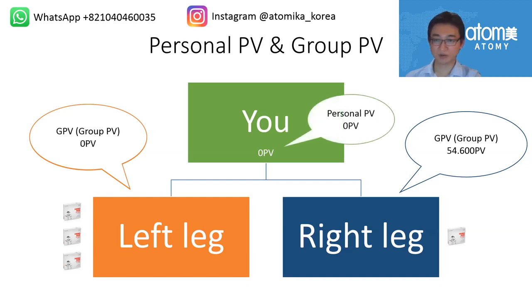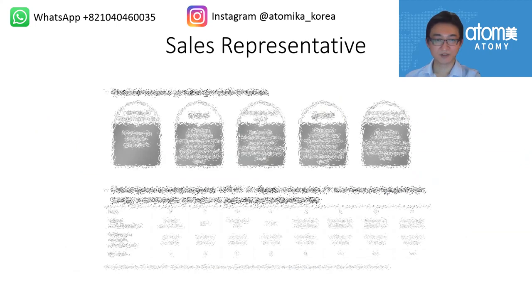So in order to start earning money in Atomy, you need at least 10,000 PV. Let's take a closer look at this. The first status, the first level of distribution in Atomy, is sales representative. And in order to become a sales representative, you need to accumulate 10,000 PV.